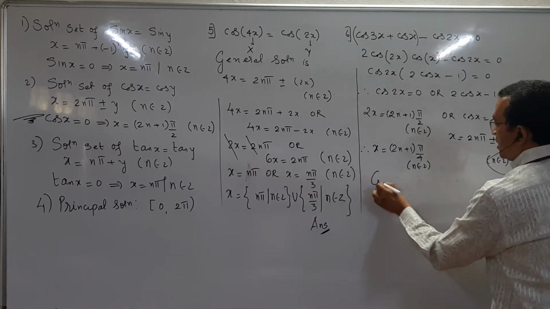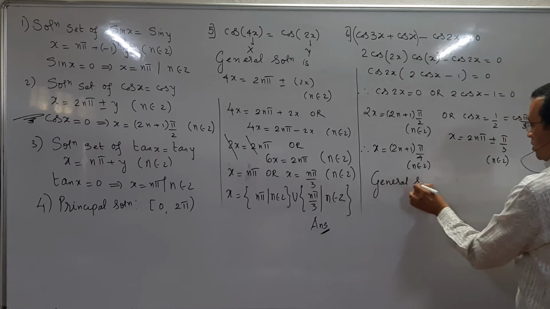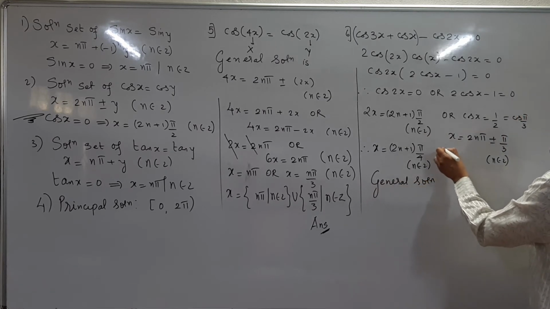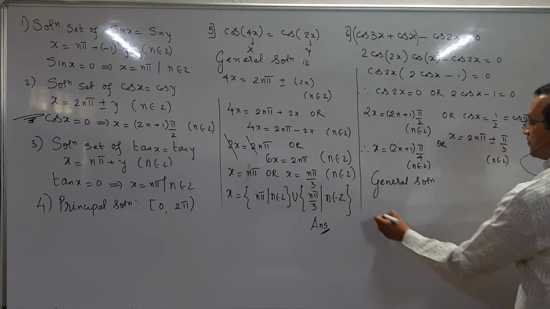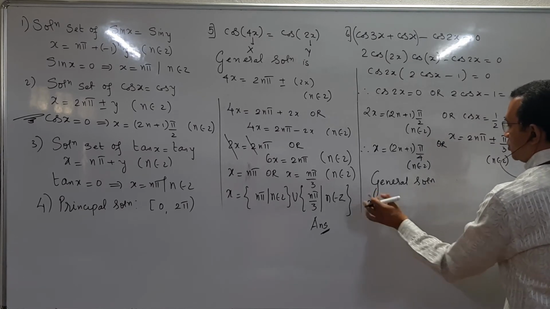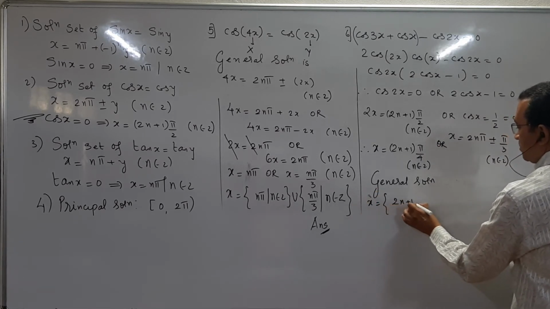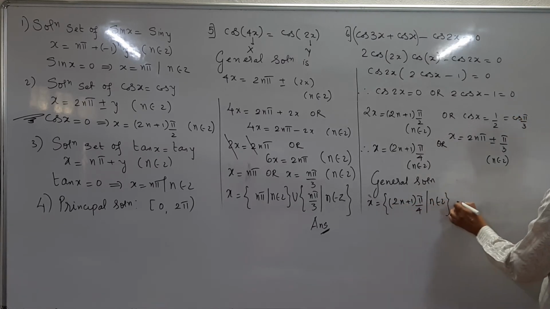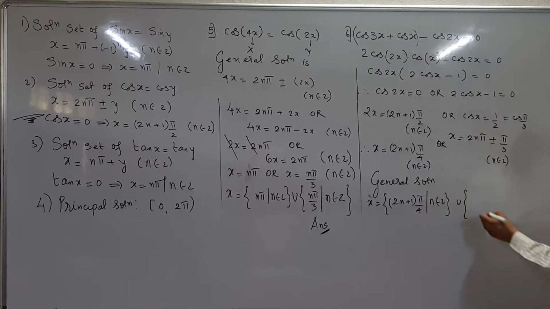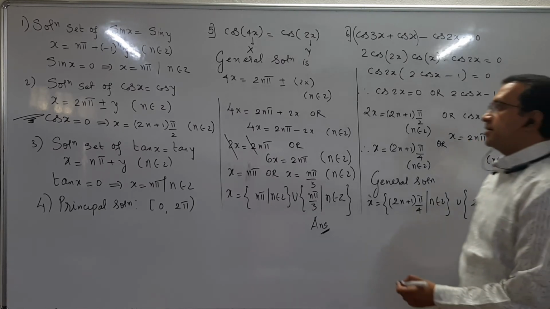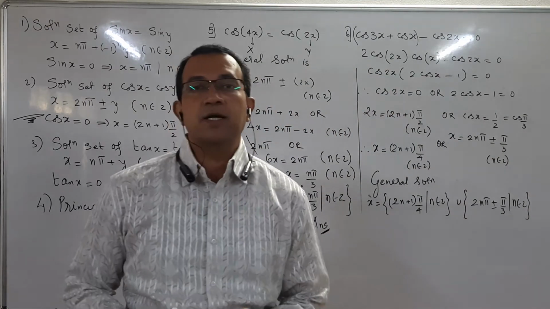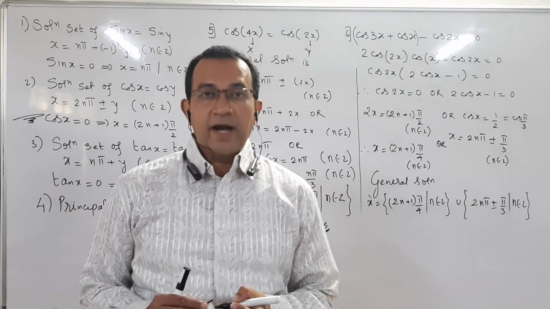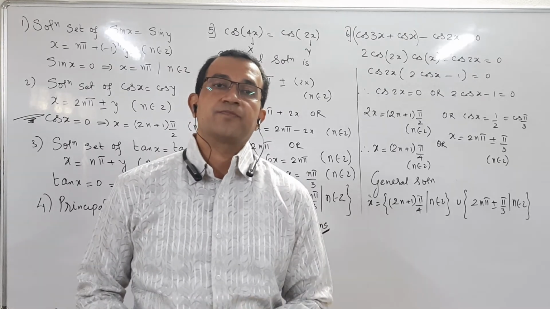So finally, for this general solution, to remove the "or", students, we have to take union. So x is equal to (2n plus 1)π by 4, where n belongs to Z, union 2nπ plus or minus π by 3, where n belongs to Z. So students, this becomes our final solution set.